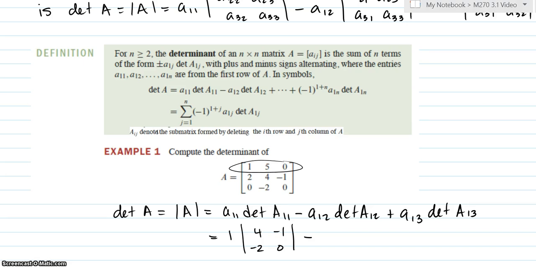these do need to alternate. If you can see here, plus, minus, plus, and the next one will be minus, the next one will be plus. A12 is a 5. And then we're going to cross out that first row, second column, end up with 2, 0. That's the determinant A12, crossing out the first row, second column, and then -1, 0, and a plus A13, which is 0. Really doesn't matter what this is, but in case it's not 0, because 0 times anything is 0, that would be 2, 0, 4, -2.